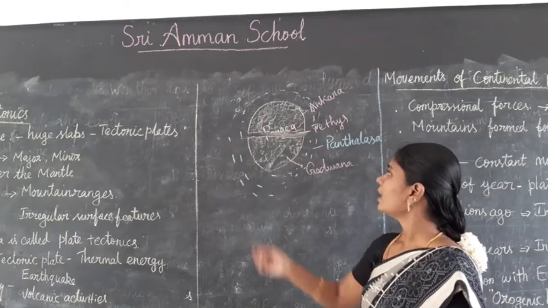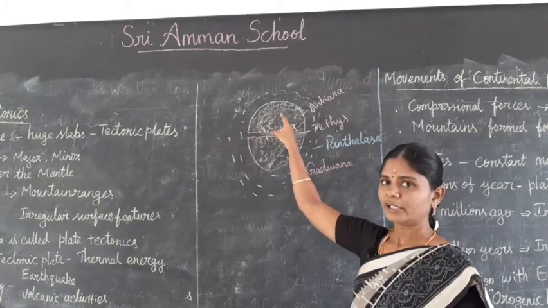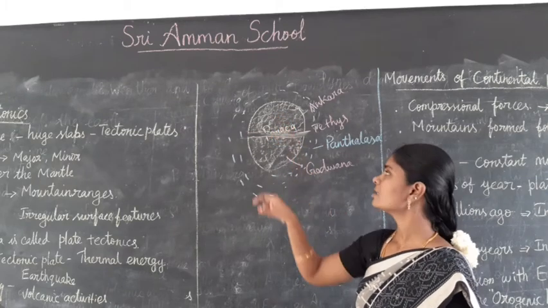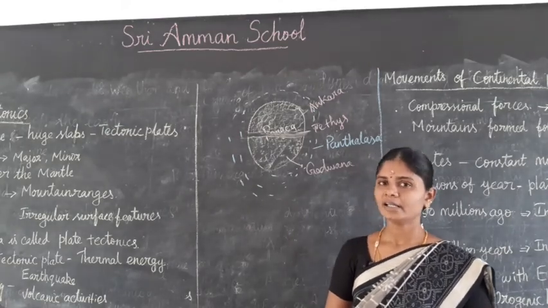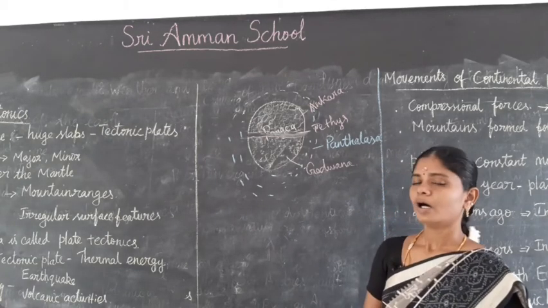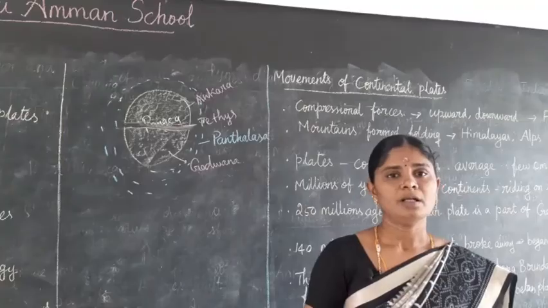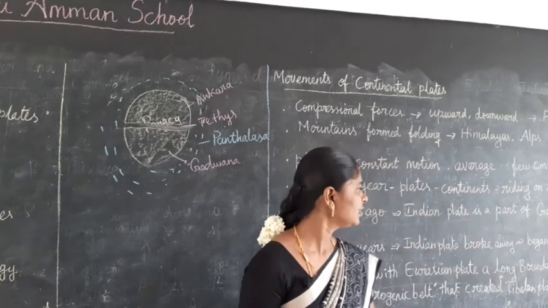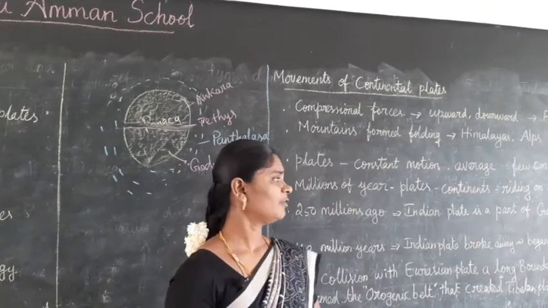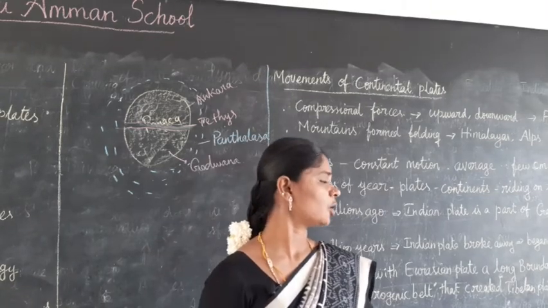So Asia, Europe and North America were part of Angara land. South America, Africa, Australia, Antarctica and India were all gathered in Gondwana land. After approximately 114 million years, the Indian plate broke away from Gondwana land and began moving north.